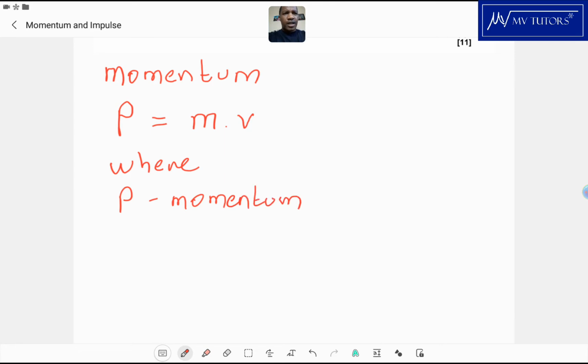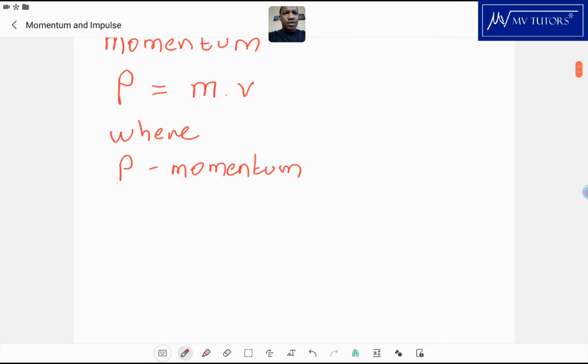Momentum is denoted by P and not M. I don't know why they chose P, I think it's weird, but there are many symbols in science. I'm sure they couldn't use M because M is already taken by many definitions. For example, M in this case means mass. And then v is velocity.